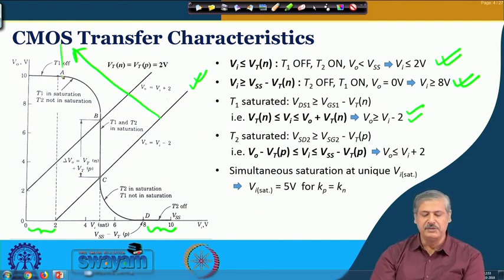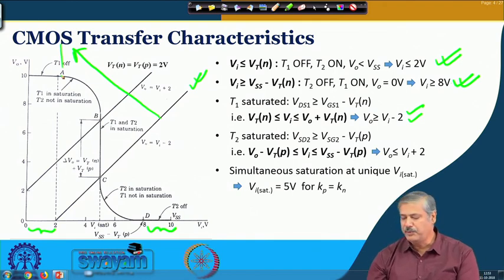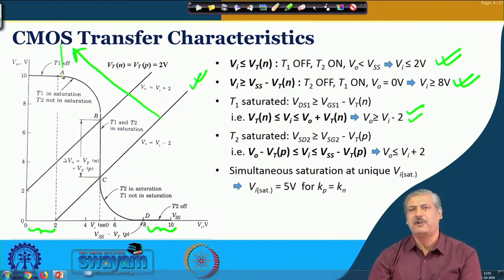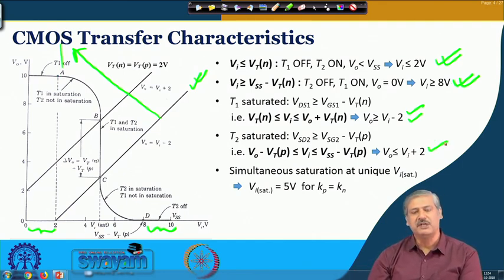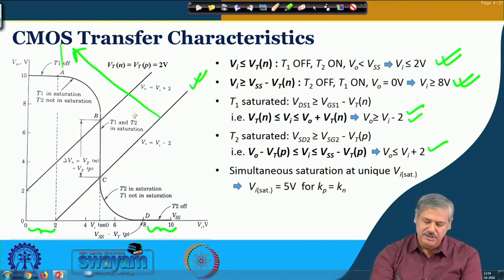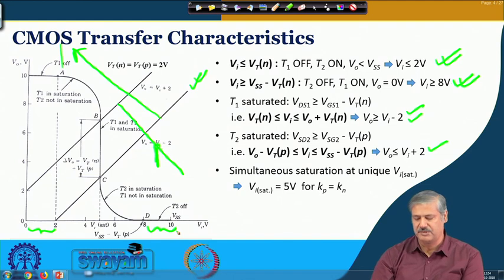So in this zone we see that T1 is in saturation, and if we look at the corresponding thing for T2, when T2 will remain in saturation, just a similar thing but applied to PMOS. So V naught less than Vi plus 2, when it will be remaining in saturation, of course up to the threshold voltage up to this point.